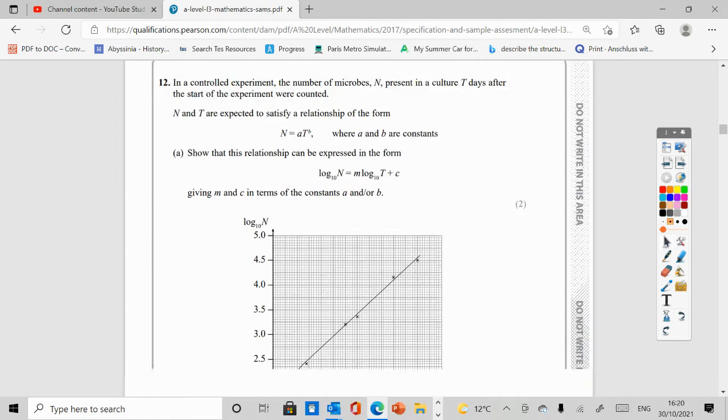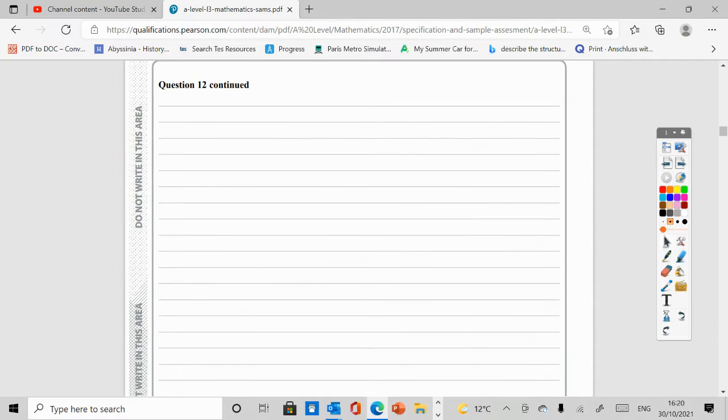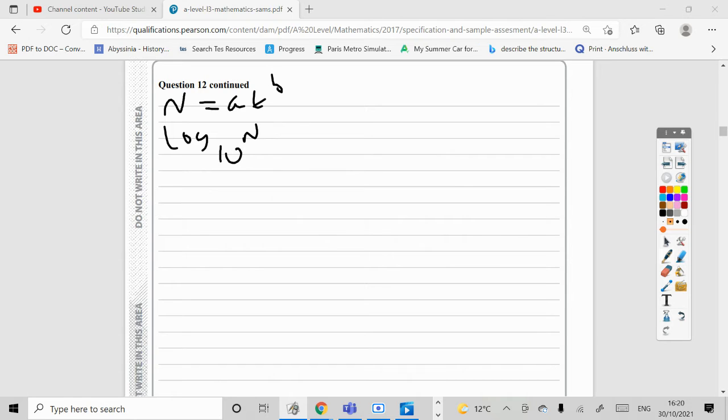Okay, so we've got n equals a t to the power of b. We're going to take log base 10 of both sides, first of all. This is a bit of exponential to logarithmic form, if you will. Log base 10 of a t to the b. I want to break this apart into its separate bits.